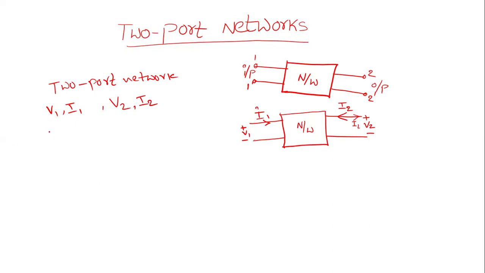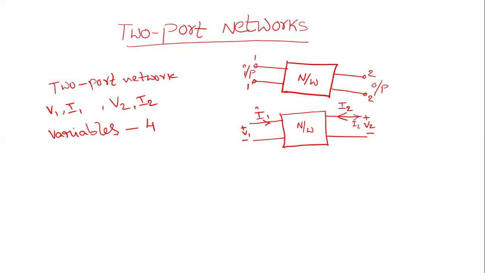These are called network variables. There are four network variables: V1, I1, V2, I2.